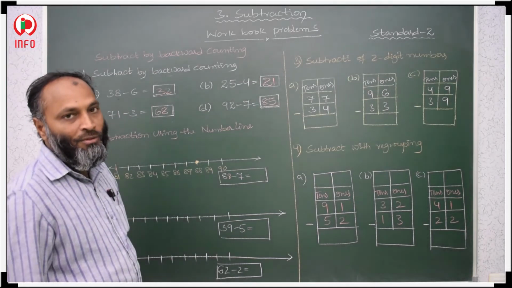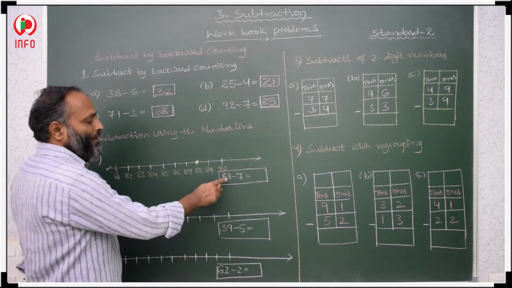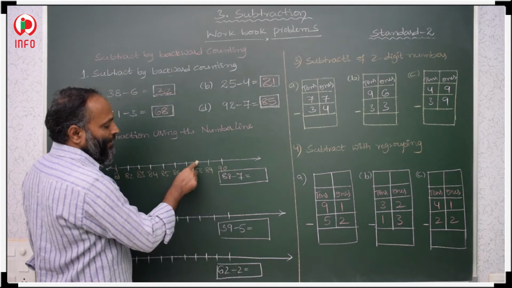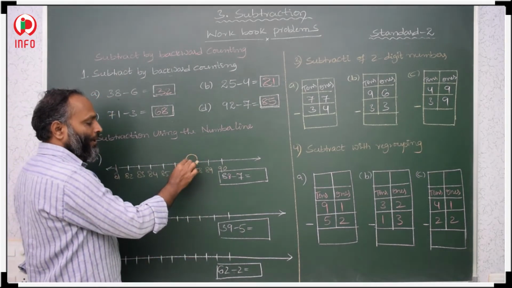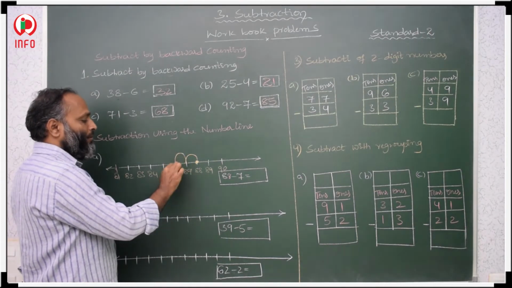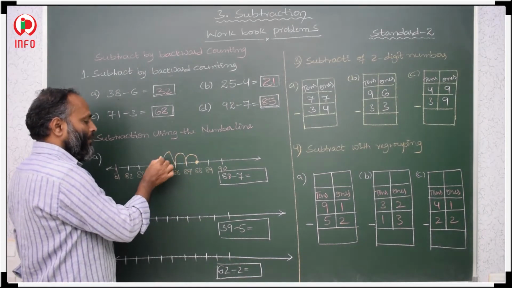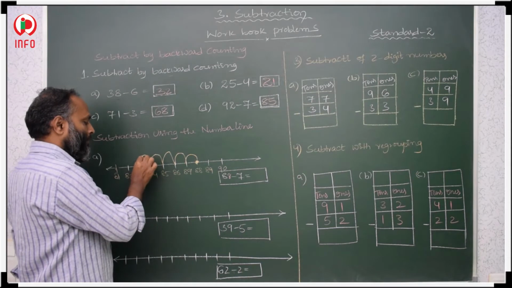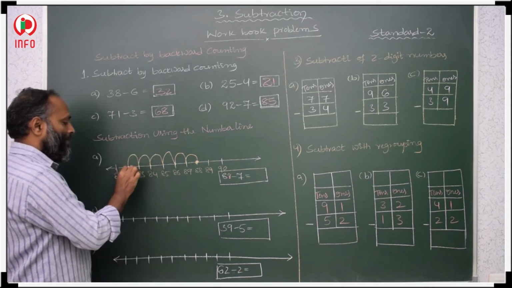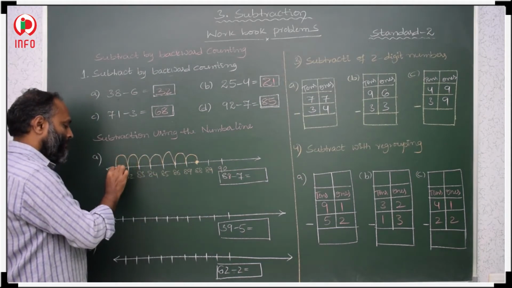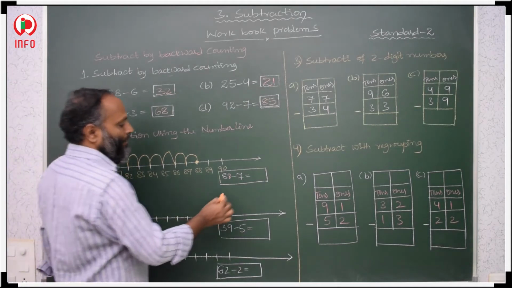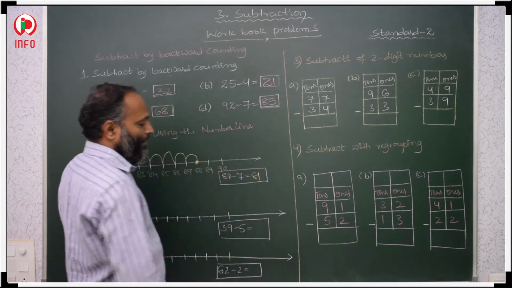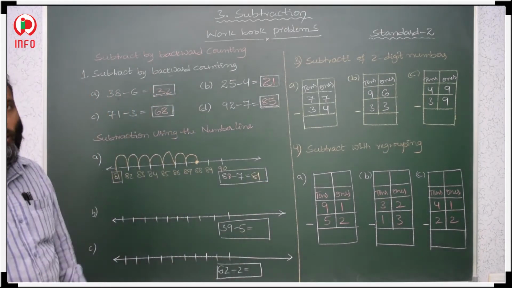On 88 keep a dot, then move 7 places: 1, 2, 3, 4, 5, 6, 7. This is 81. The answer is 81.